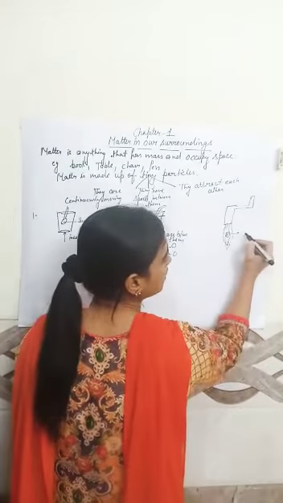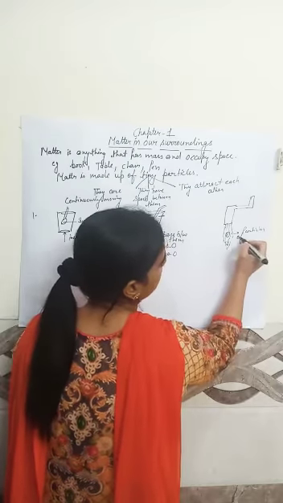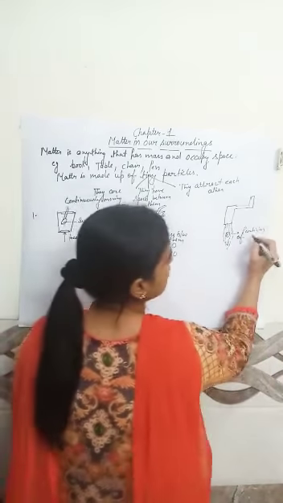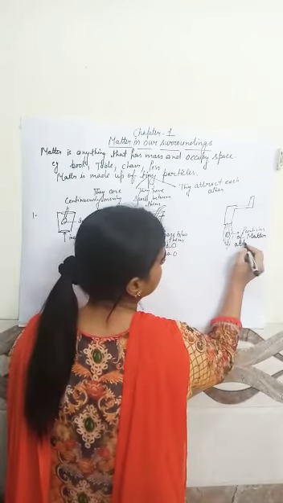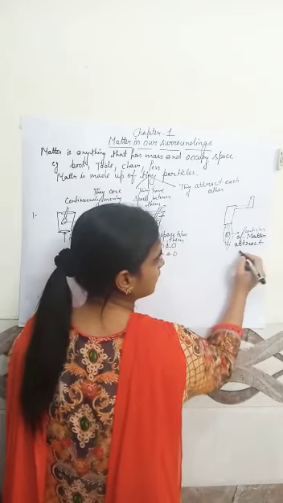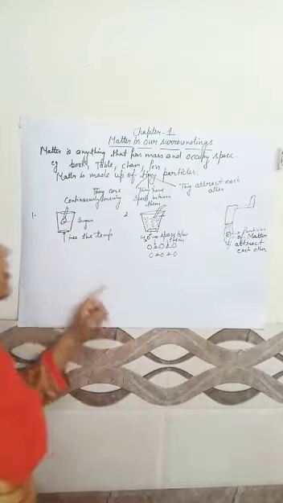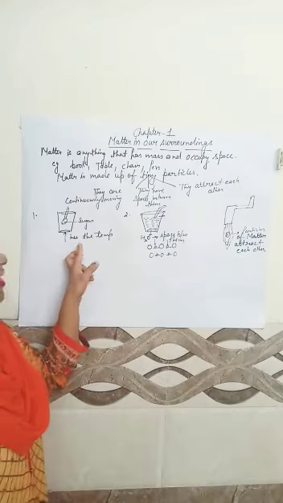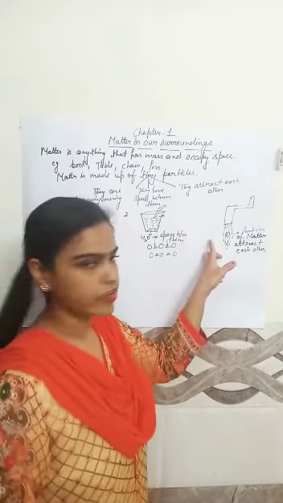So it shows that particles of matter attract each other. So these are the properties. First, they are continuously moving; second, there is space between them; third, they attract each other.